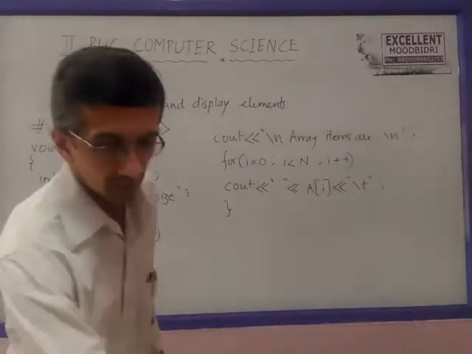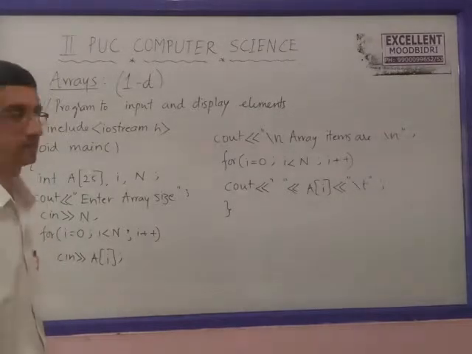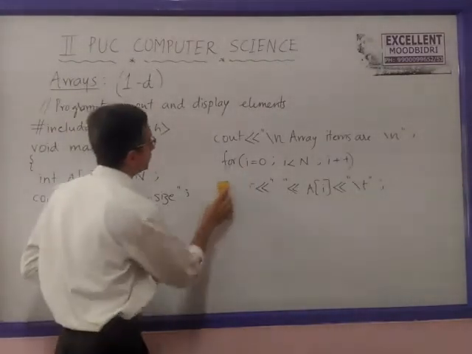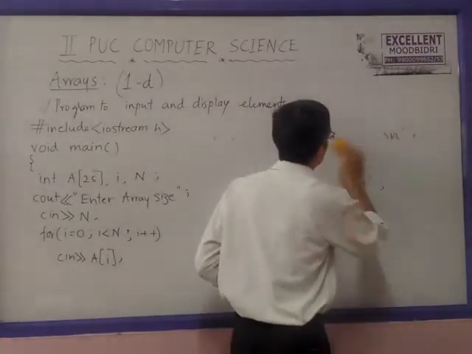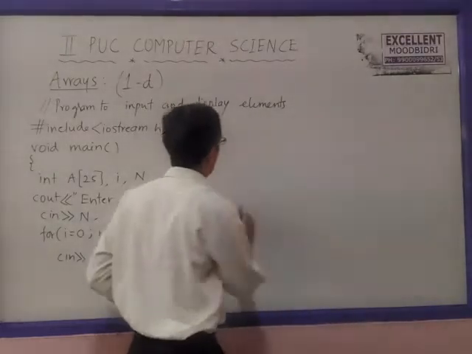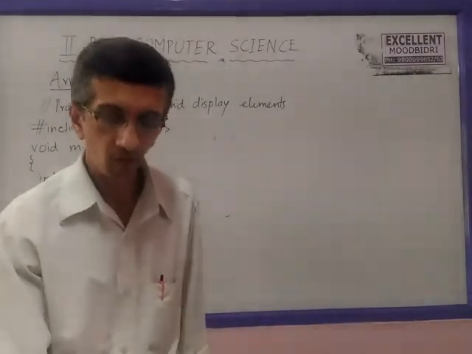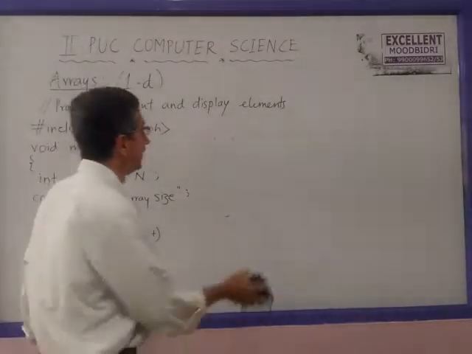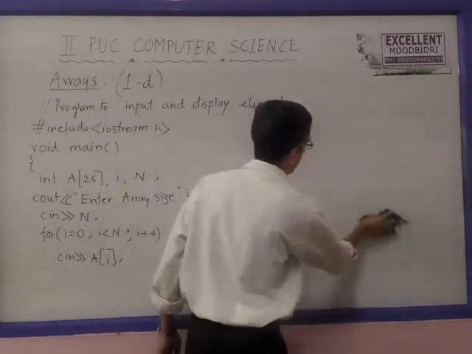Now next, searching of items in the array. What is searching? Searching is finding the location of an item in the given one-dimensional array. Searching is an operation on a one-dimensional array in which we find the location of a given item in the array.